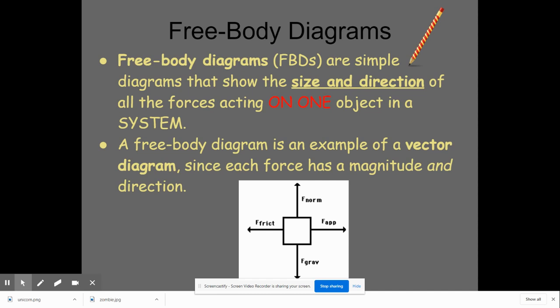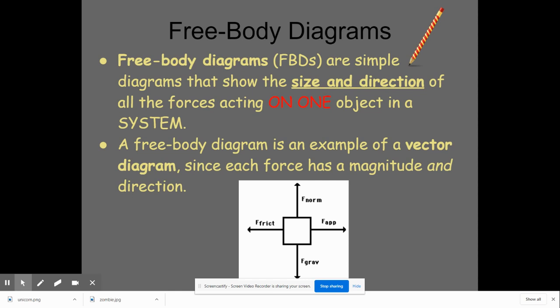You could have a horse attached to a rope, pulling a sled with a guy pushing from behind, whatever. We pick one thing, and we are only drawing the forces that are acting on the object. We are not drawing the forces that the object is exerting on other things.